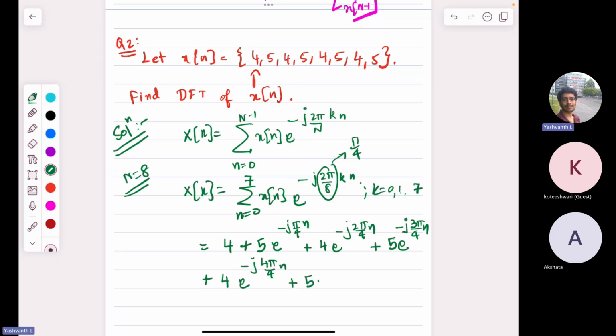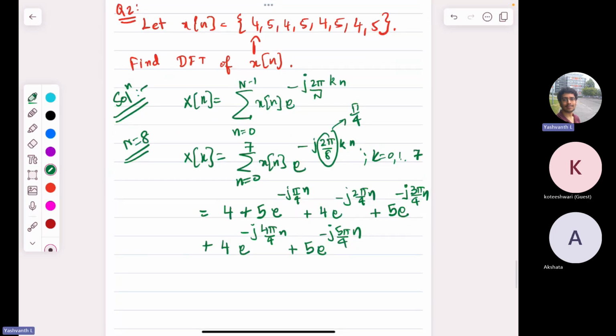Next, 5 into e power minus j 5 pi by 4n. Okay, so we have to go till 7. So 2 more terms. Plus 4 into e power minus j 6 pi by 4n. And this is plus 5 into e power minus j 7 pi by 4n.